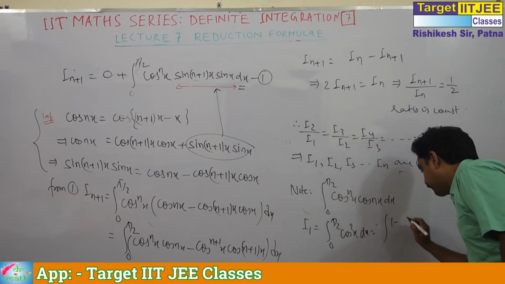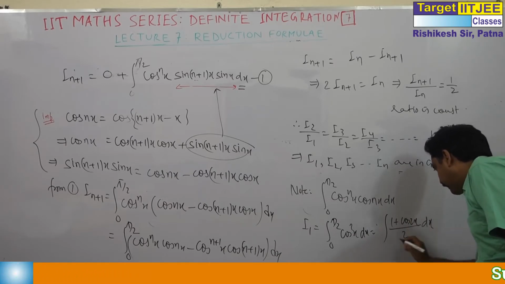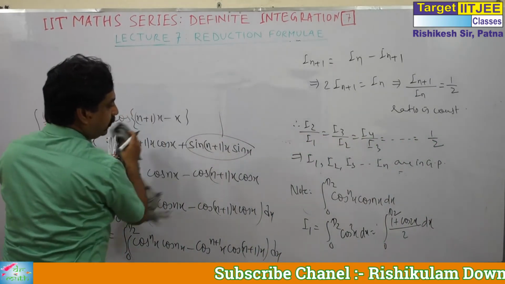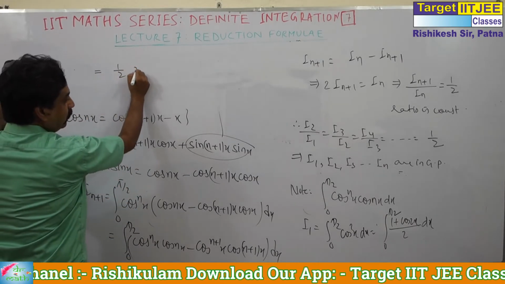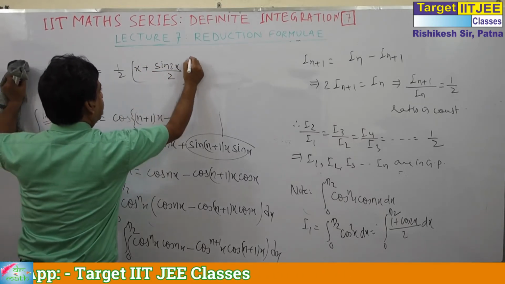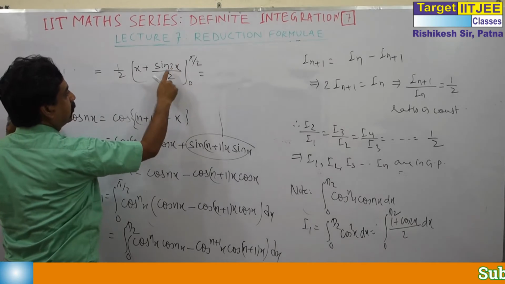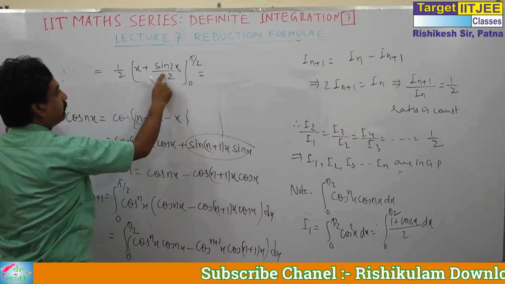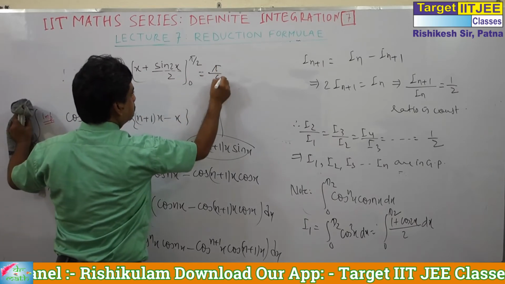You do the integration: 1 plus cos 2x by 2 dx, 0 to pi by 2. This is 1 by 2 x plus sin 2x by 2, 0 to pi by 2. So you get pi by 2 into 1 by 2, pi by 4, and the other term is 0, because at x equal to pi by 2, 2x becomes pi, sin pi is 0, and sin 0 is 0. This is pi by 4.